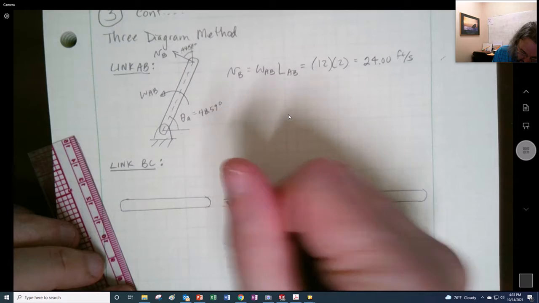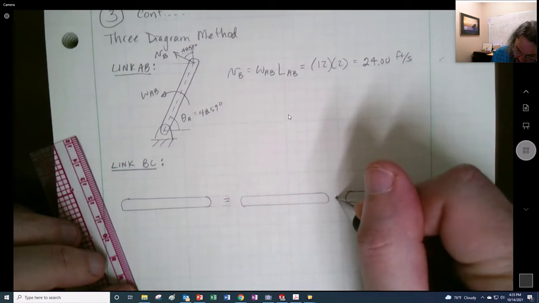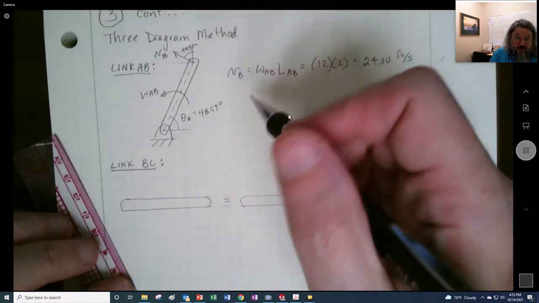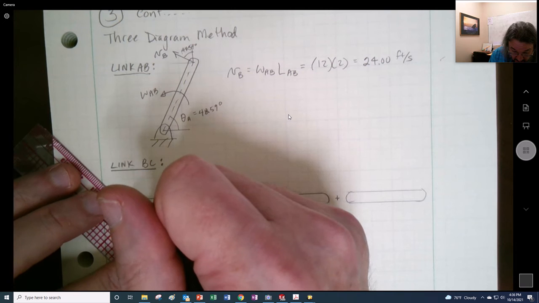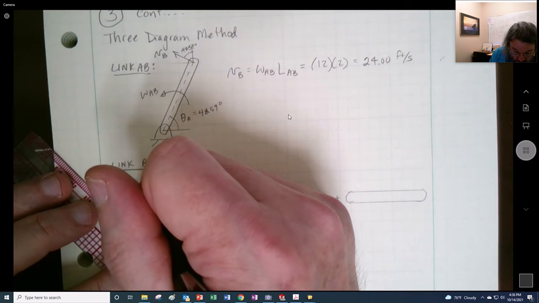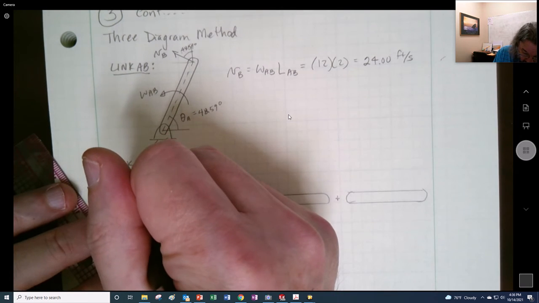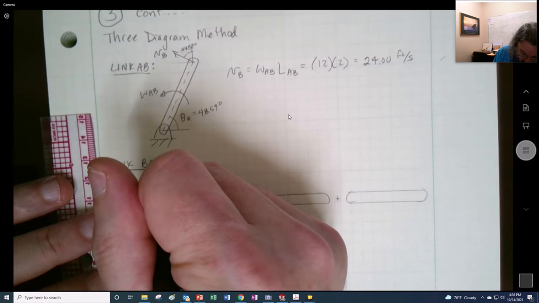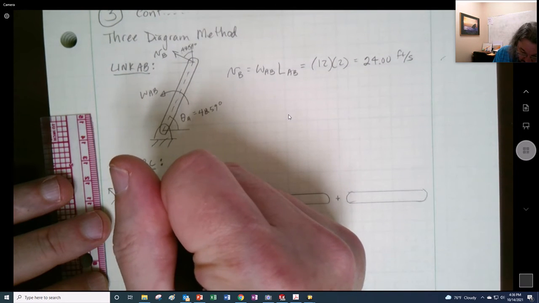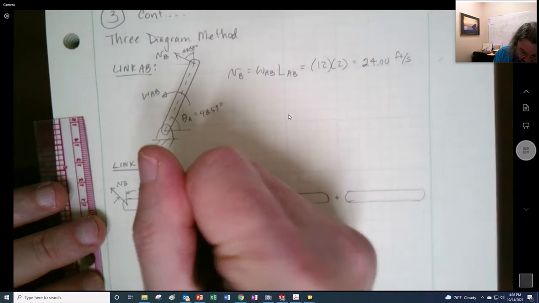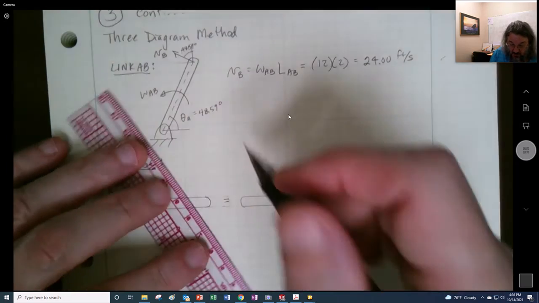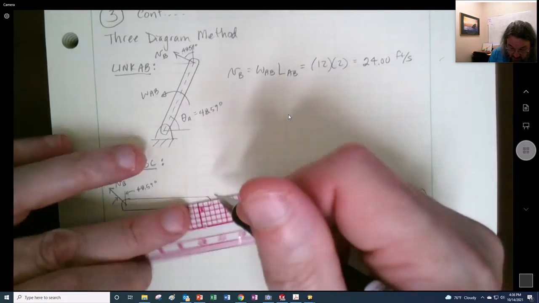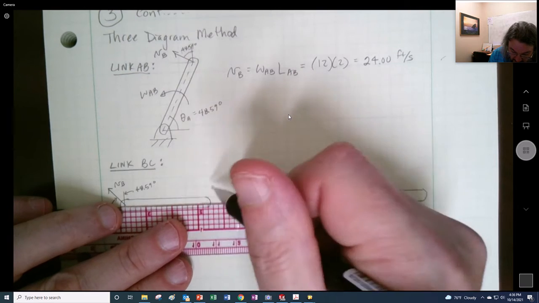So we say that one's equal right here plus. All right. So we have the velocity right here of VB, which we know is, all right, so I'm going to take this angle of 48.59 degrees. And we know that this velocity over here has to be horizontal.